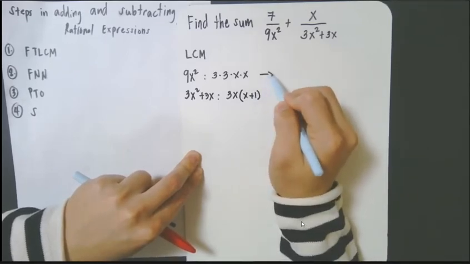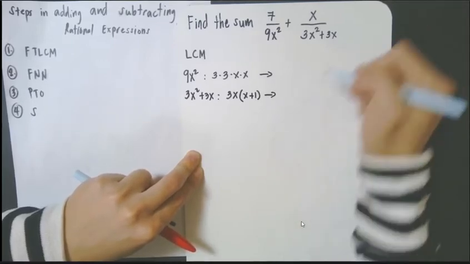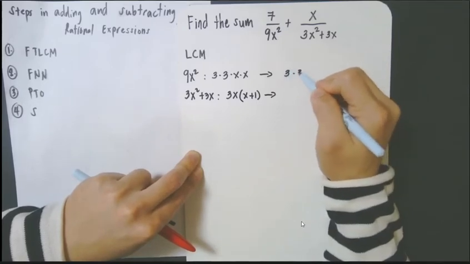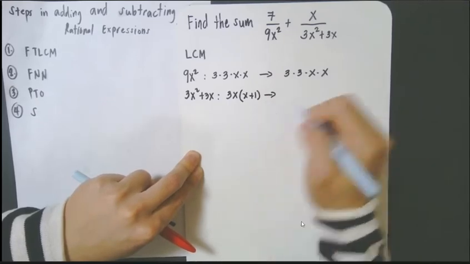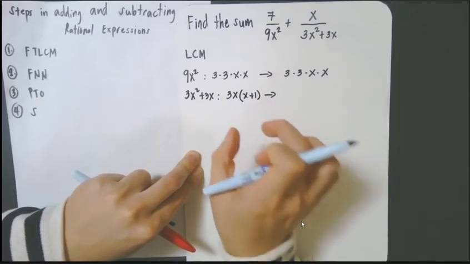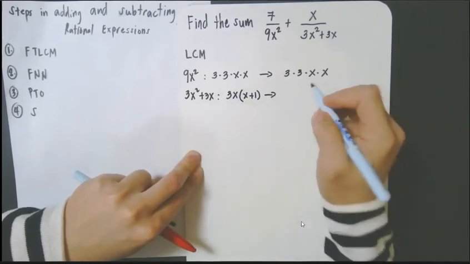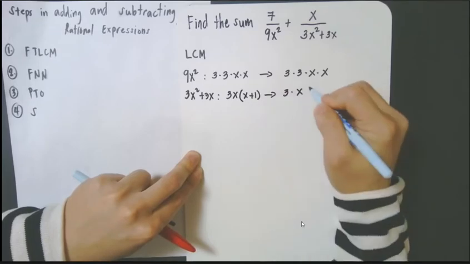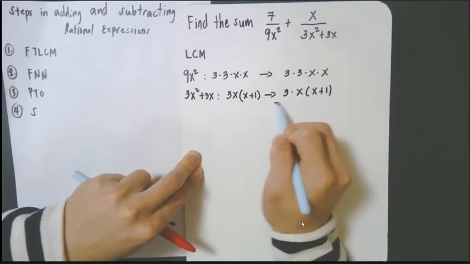Now let's rewrite our prime factors here so we can easily do the barbecue method, the cancellation. So we have 3 times 3 times x times x, while here we have the 3x. Now, for us to easily do the barbecue method, I would separate 3x. So I will write 3x as 3 times x, and then x plus 1. So there.